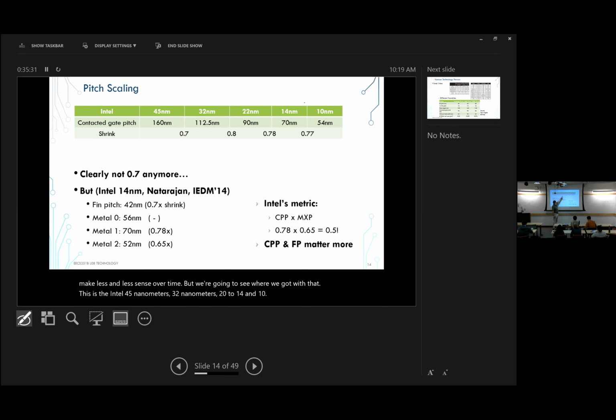Usually, Intel was really practicing Moore's law, so they were going at 0.7 all the way to here. Clearly, from 32 nanometers to 22 nanometers, it was 0.8. That's the pitch scale, we call it pitch scale. What happened with 22 nanometers?